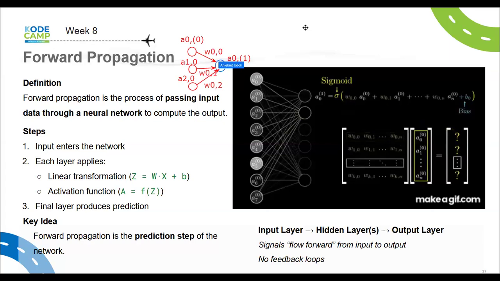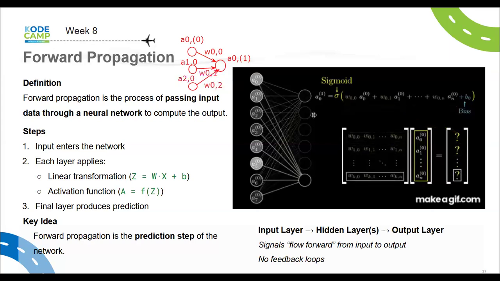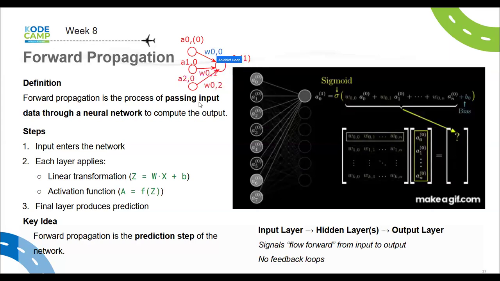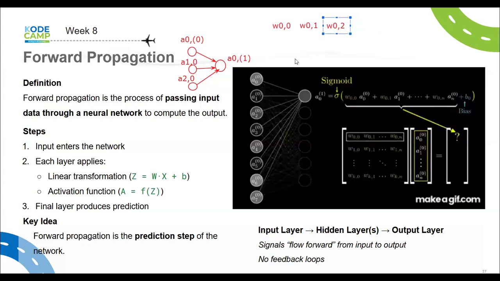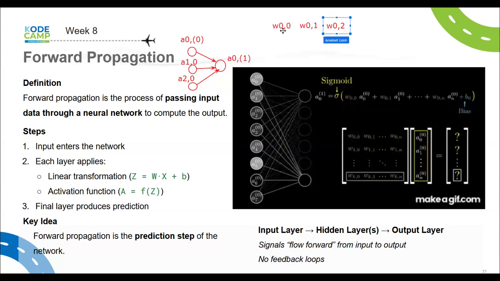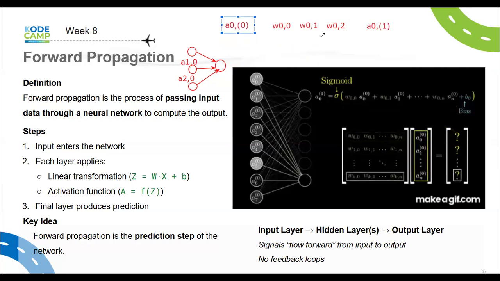Now, putting it in the matrix, you know that we now put it as a single row, right? Those three weights now get put in a single row. So what we are saying is that we use these three weights to map these three inputs. Remember, the inputs are features.